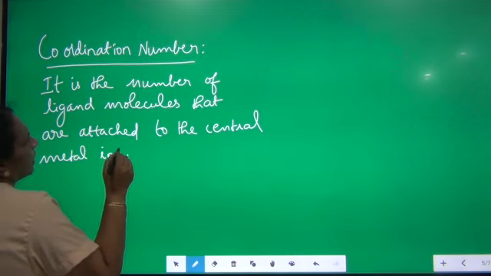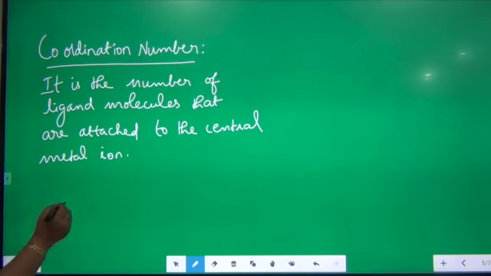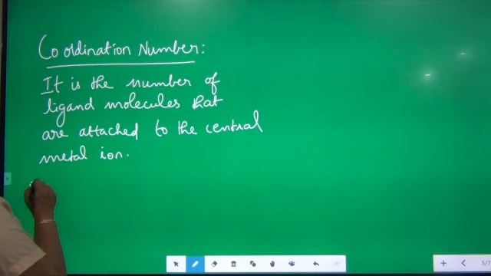So coordination number is nothing but the number of ligand molecules that are attached to the central metal ion. For example, I am going to show how to calculate the coordination number.